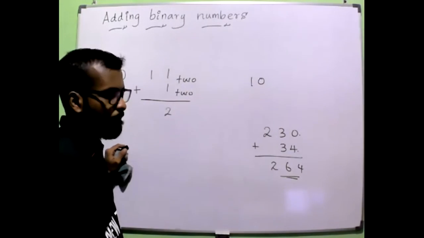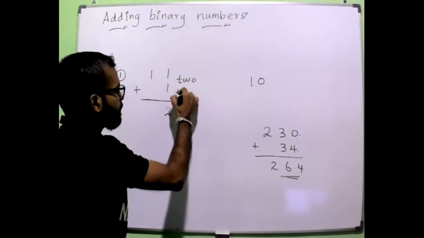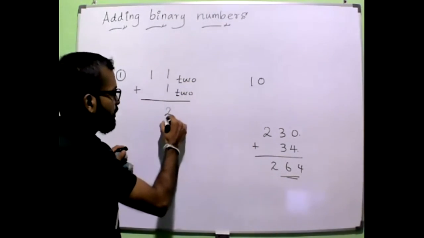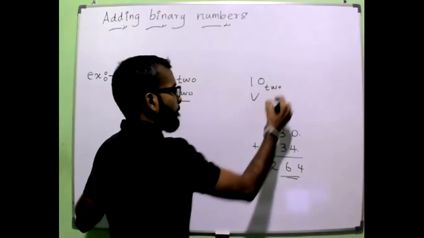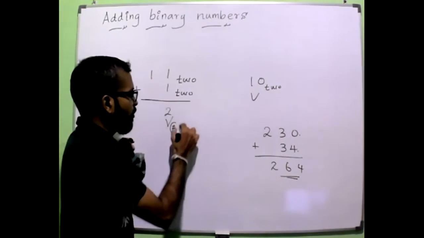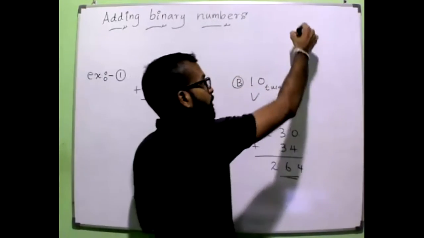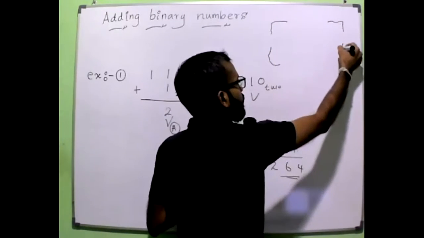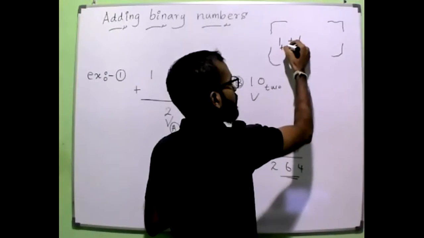Please tell me. This is in binary numbers, base 2 numbers. Is this the correct one or is this the correct one? A or B? Now look at the highlighted part. Find where I have written down 1 plus 1.